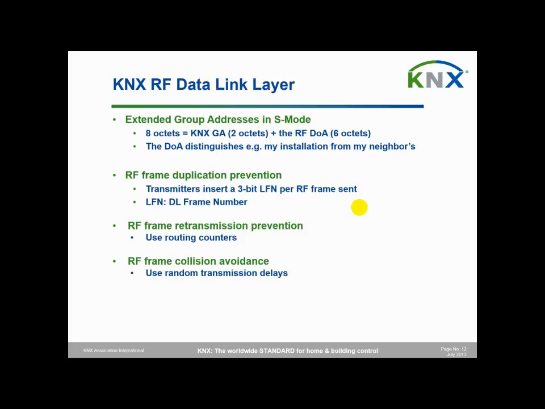So frame duplication prevention. RF frame retransmission prevention is done by means of routing counters, and frame collision avoidance is done by means of random transmission delays.